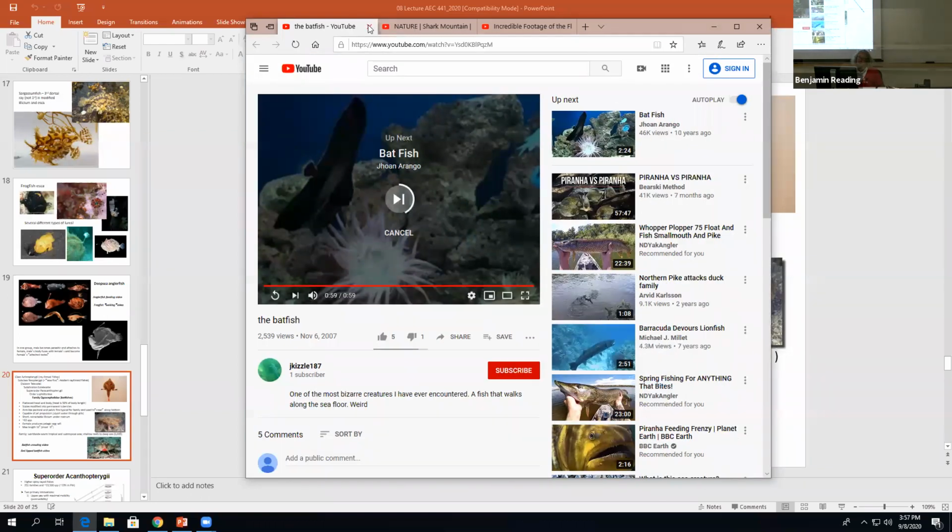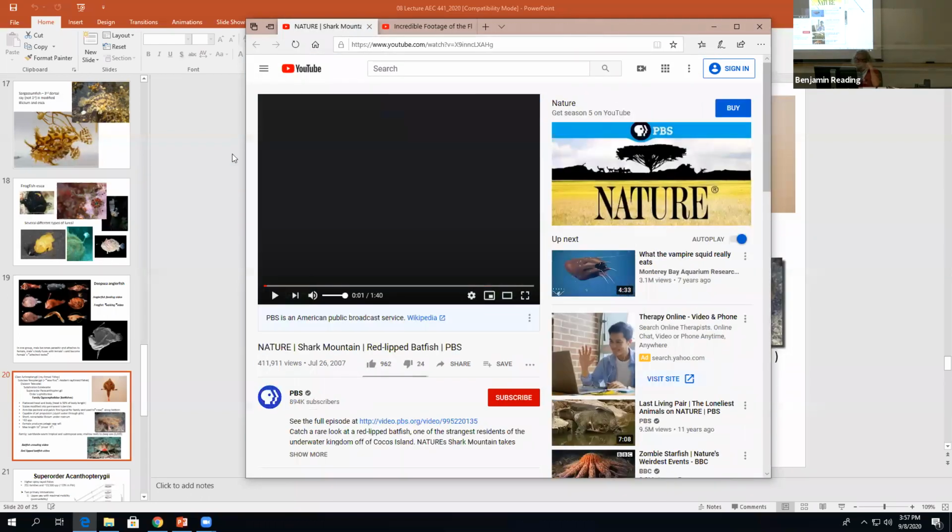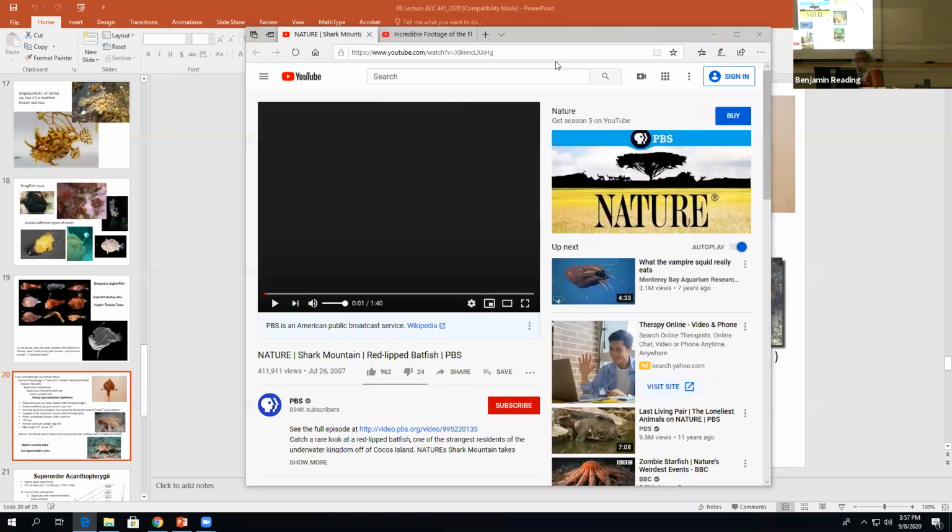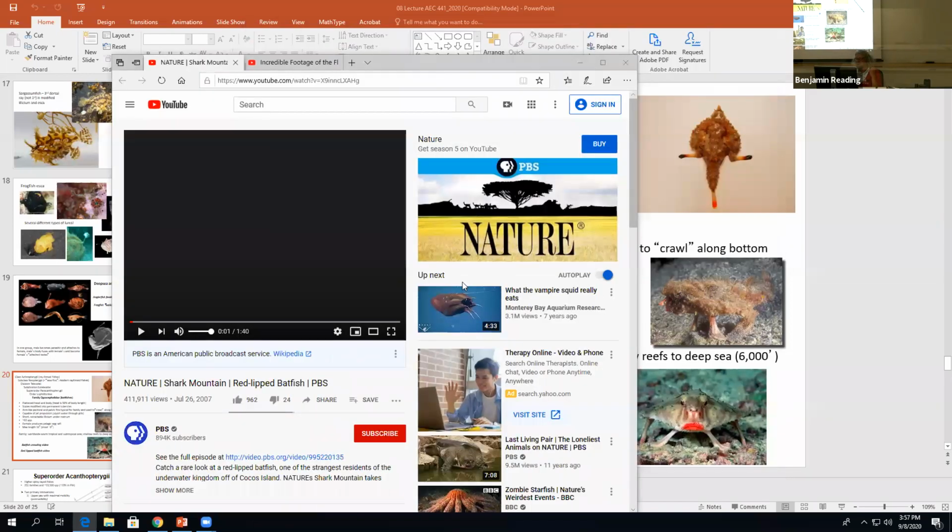So you can see also very good camouflage. You see those things on the bottom next to the substrate. You can sort of see that they blend in very well to the substrate, like here.